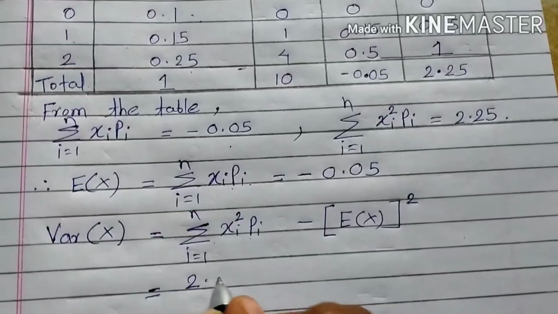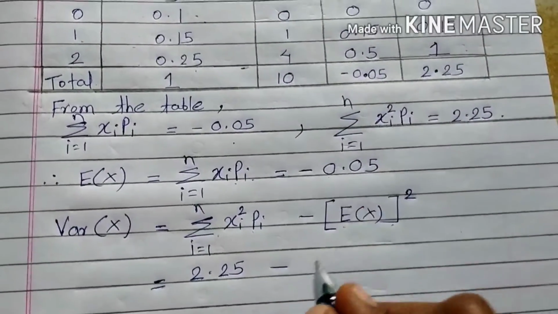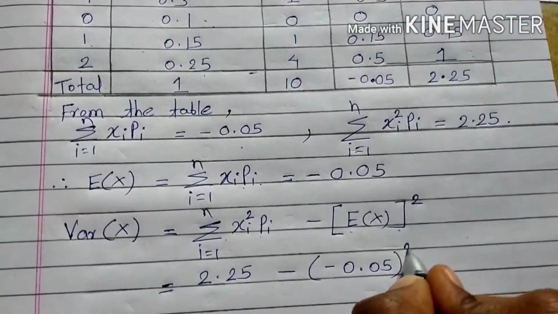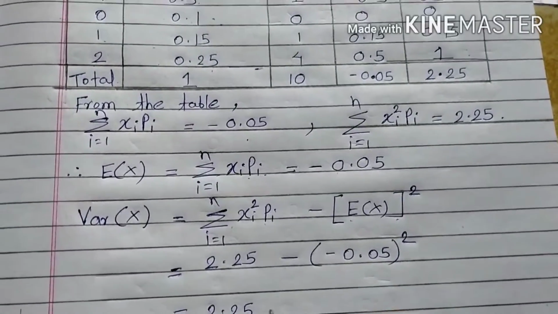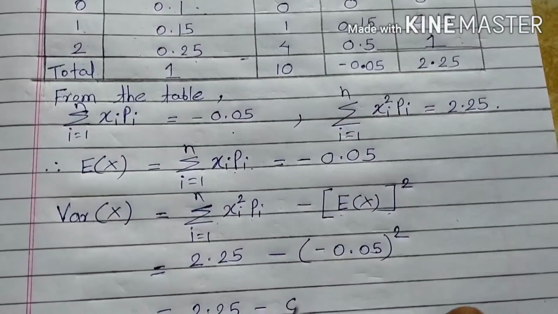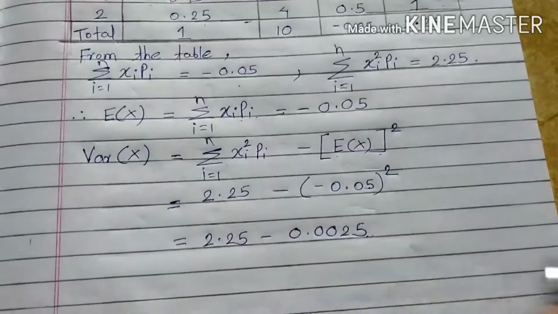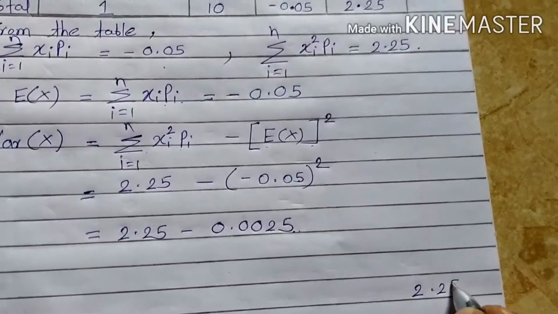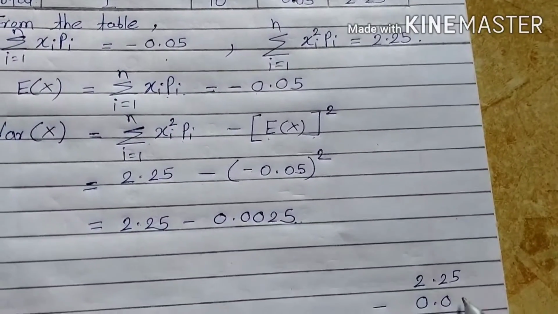So 2.25 minus E(x), which is minus 0.05, and this is whole square. So this is 2.25 minus, since a negative square is always positive, 0.0025. Now we have to subtract this. So you can subtract like that: 2.25 minus 0.0025.